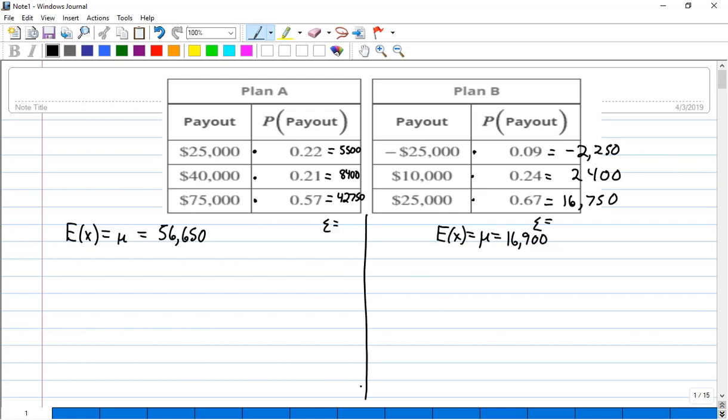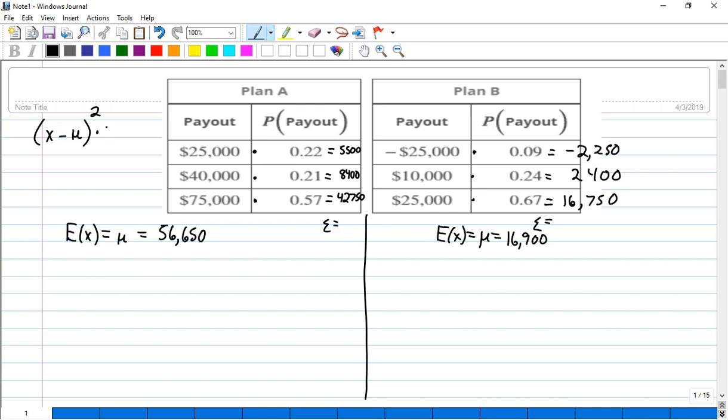Now, I'm going to need to figure out the standard deviation. And the way that we figure out the standard deviation is we have to say the x value, which is the payout, minus the mean, our expected value, squared, and then that times our probability.